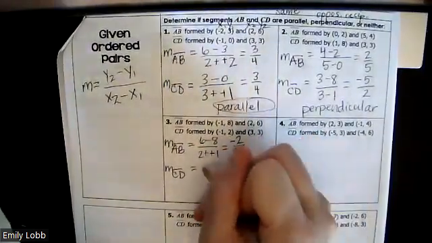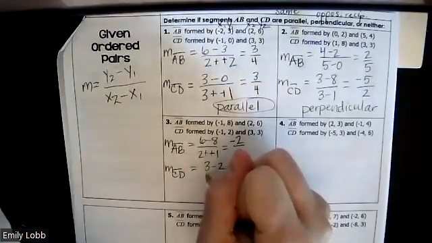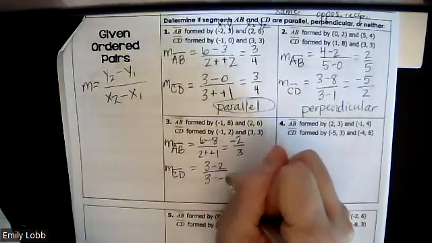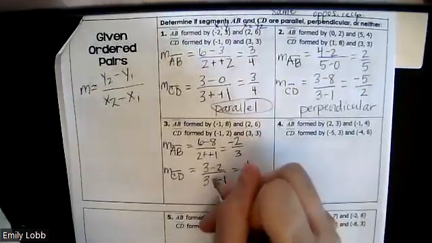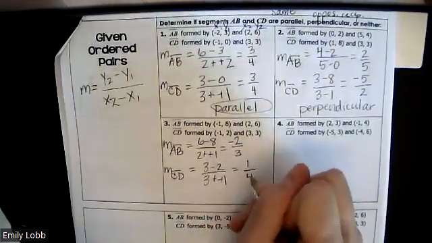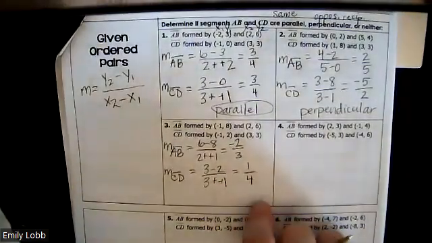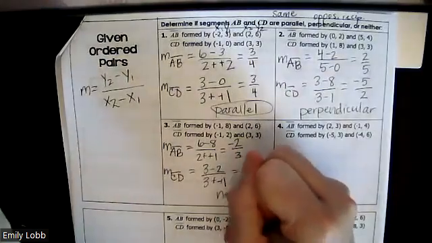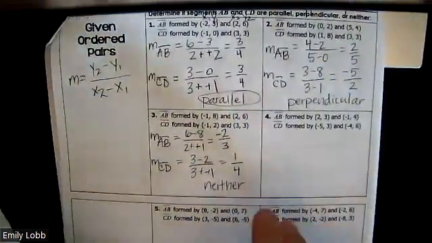So 3 minus 2 on top, right? Yep. And 3 minus -1 on the bottom. So this is 1 over 4. These aren't the same or the opposite or reciprocal, so these are neither, these 2 lines. Based on their slopes, that's how we know, okay?